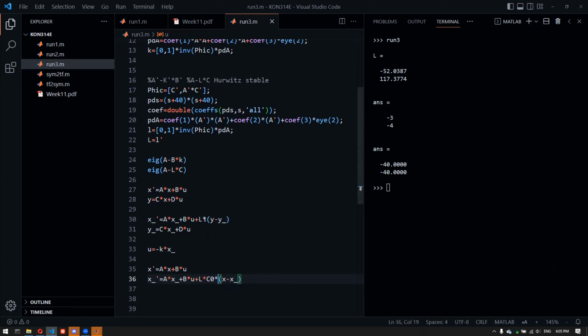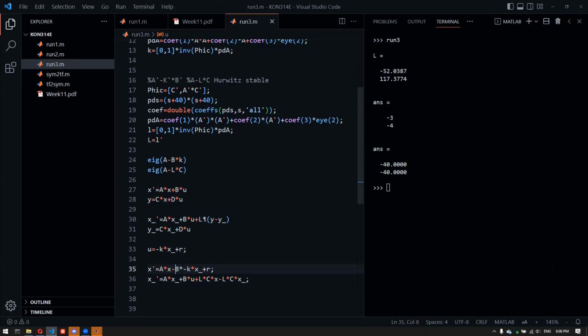So this is going to be L times C times X, and this is going to be minus LCX underscore. So that's one thing. Then we need U is equal to minus KX. Let's have also plus R, so that I'm going to have a certain input here. Minus KX plus R, let's plug it in.